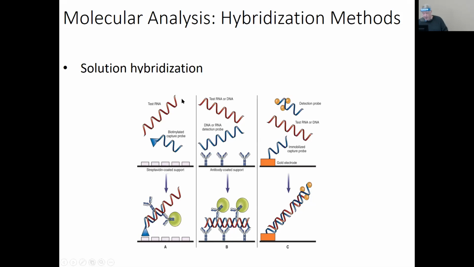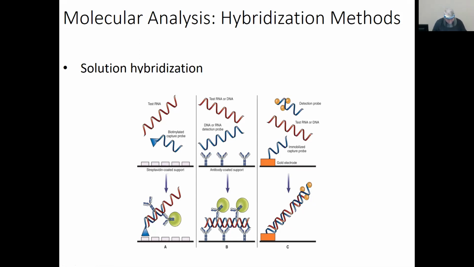So it binds that, and this little capture probe then links on to the coated support, and then we can send the antibodies in, or capture antibody here. We can do different ways of capturing it, but the whole idea, and this is a gold electrode, so some of the time we'll see gold being used.